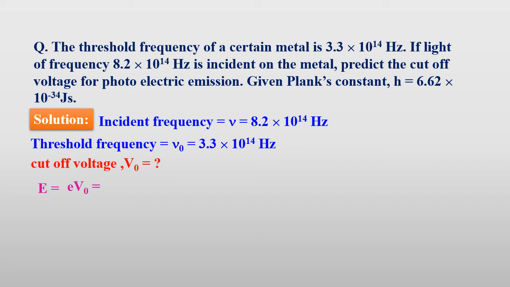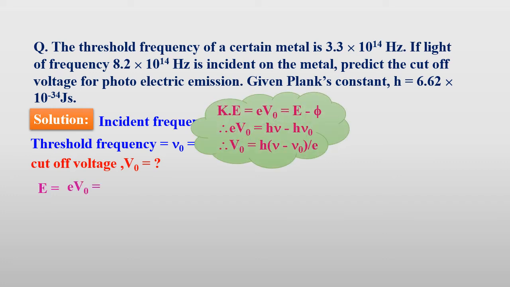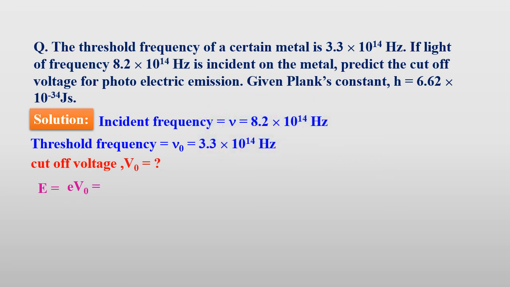The kinetic energy can be written as eV naught, which is equal to h nu minus h nu naught. Taking h outside, V naught can be written as h by e into nu minus nu naught.